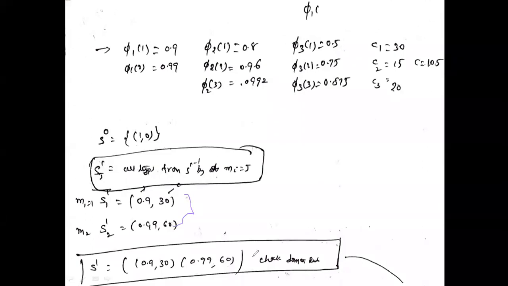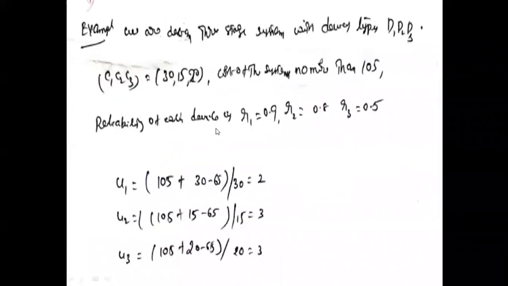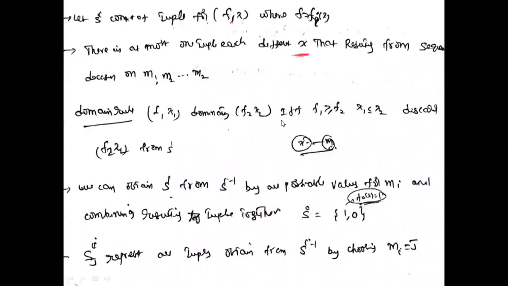Then we check the domain rule, which we already discussed in the previous slide. The domain rule is F1 comma X1 and F2 comma X2.